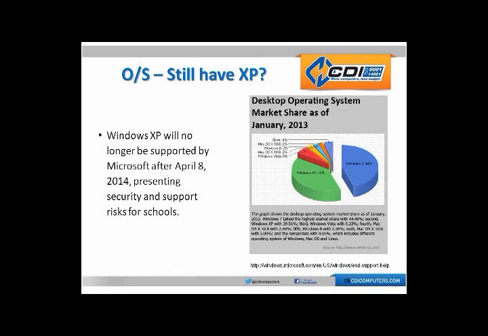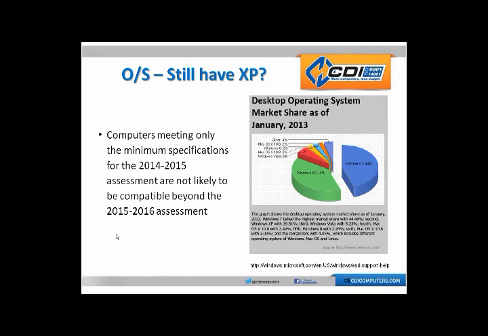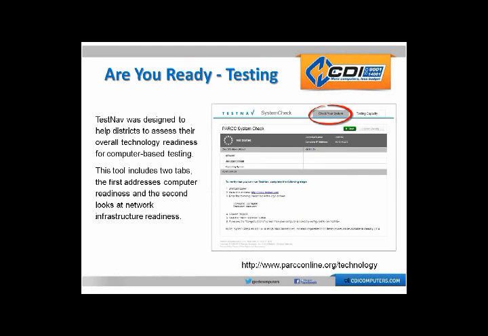And that often requires a memory upgrade or potentially a hard drive upgrade, etc. And we'd be happy to walk you through that process and help you do those things. As a matter of fact, we're about to release a program in terms of just upgrading those operating systems. So we're going to talk about that. But you will need to have Windows 7 installed by 2015-2016, so that it's available for the testing.